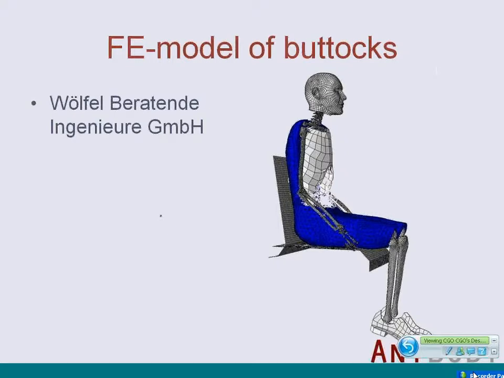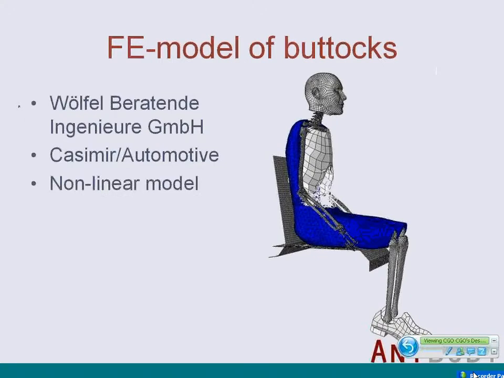Yeah. So moving on, coming into the next part of the presentation, which is the finite element model of the buttocks. This model is developed by and owned by a Würfel engineering company in South Germany. It's called the Casimir automotive model. So from that name, you can kind of guess that it's mostly used for automotive seating.